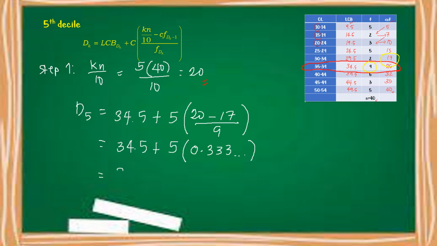So the answer is 36.167. This is our fifth decile of this grouped data.